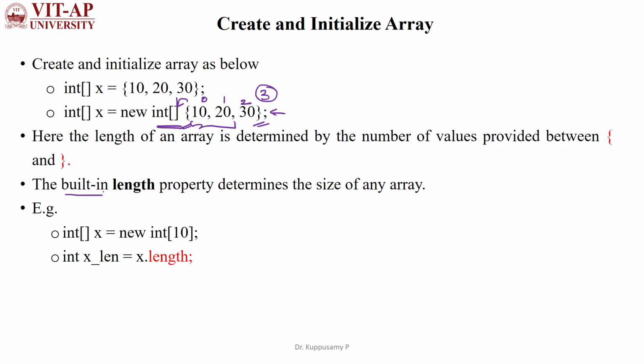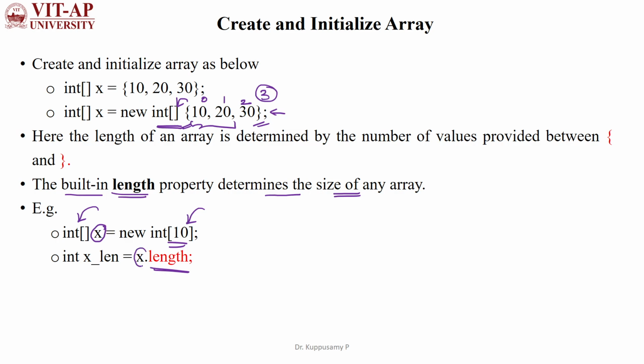A built-in attribute, length, is available to display the size of the given array. For example, the array variable x, which has integer data type, has a fixed size of 10. When you want to display the length of the array, you can use the array attribute length.